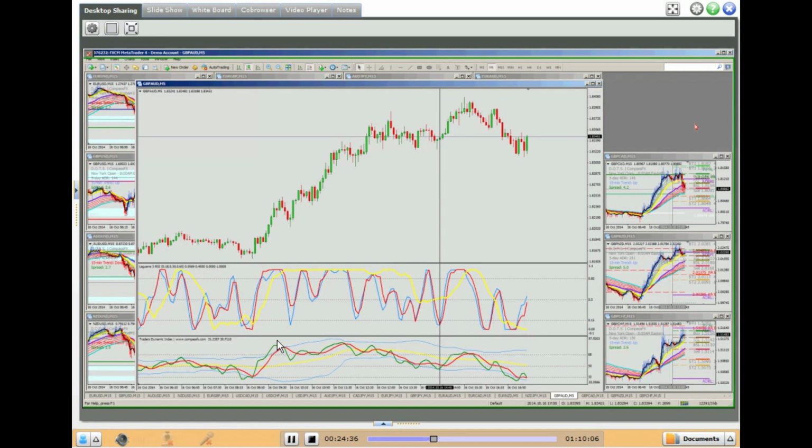Once it breaks, you should have a full setup. All three of the Laguerres are going down, and your TDI has also crossed, right here. That's your setup for a scalp trade.